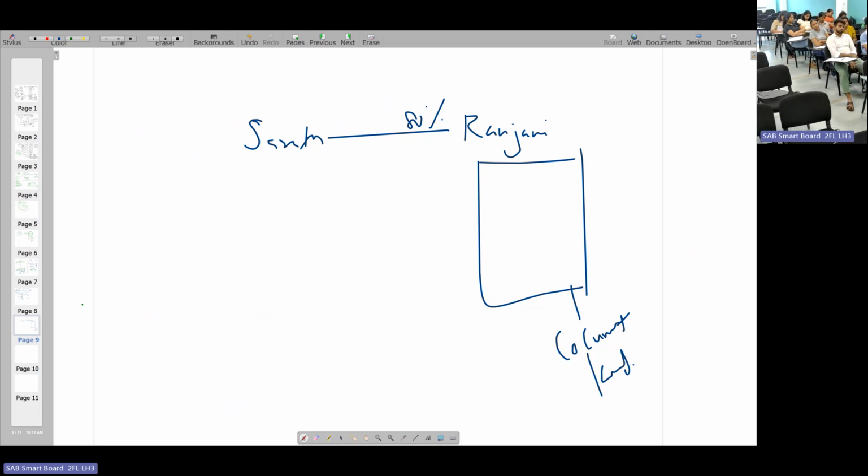How many trees in this land? 100 trees, let's say.